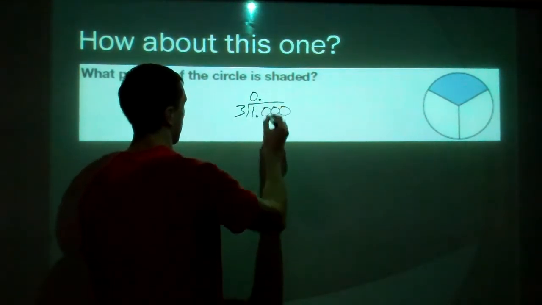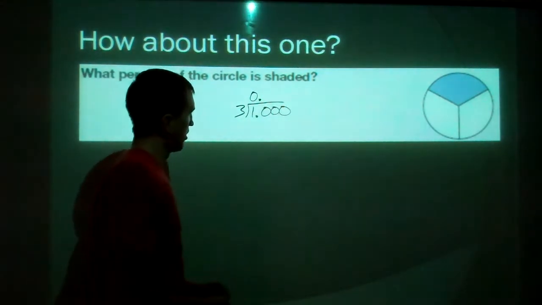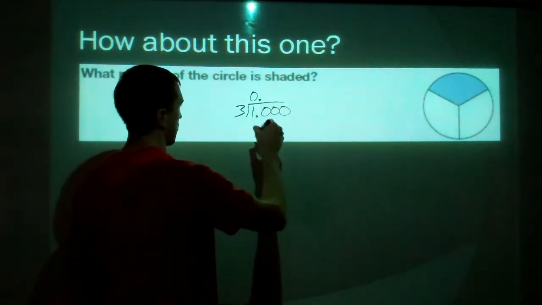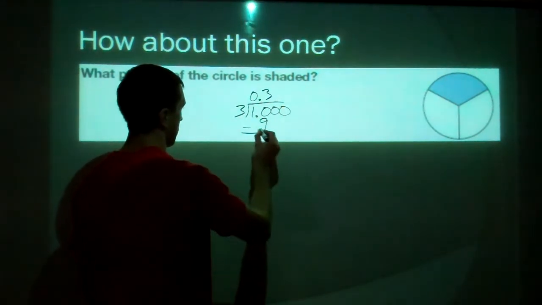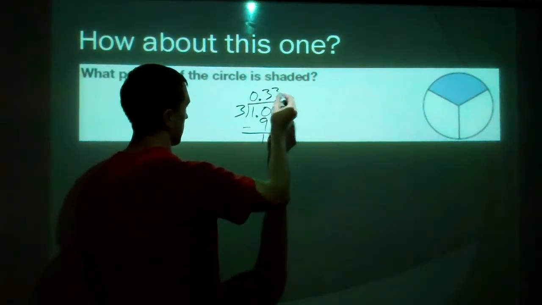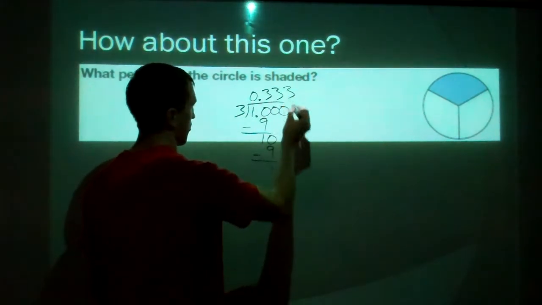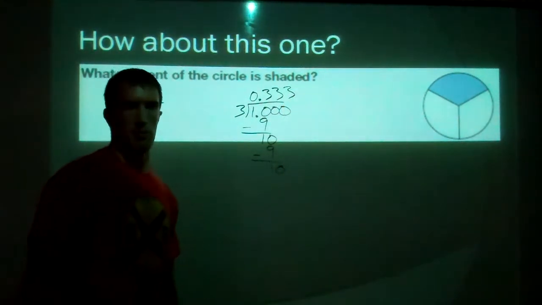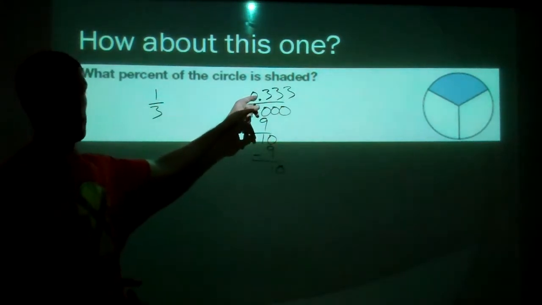0, bring our decimal up, and 3. 3 goes into 10 3 times, so 3 multiply, subtract 1. 3 goes into 10 3 times, 9, 1. We're going to keep getting 3's, and remember when we're doing percents, we have to multiply this by 100.